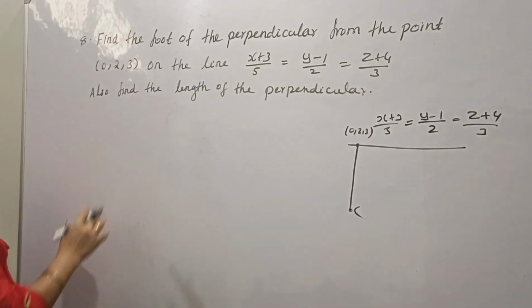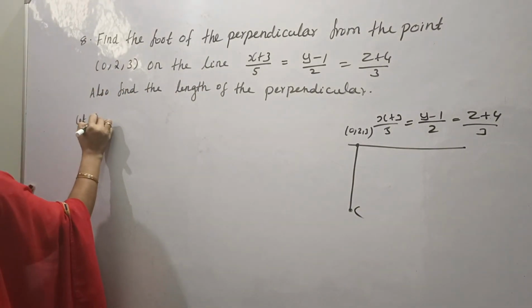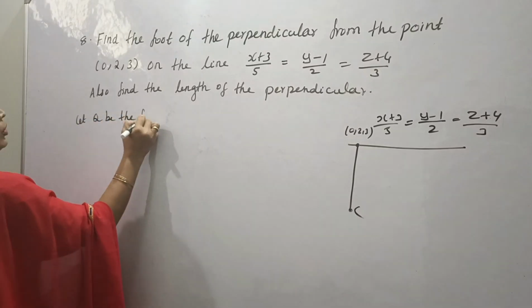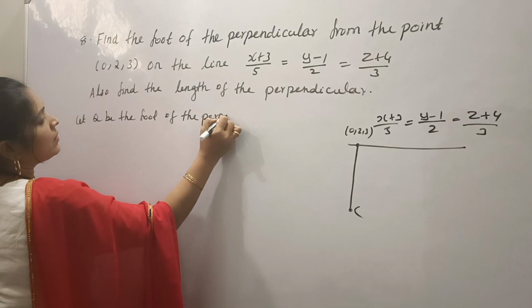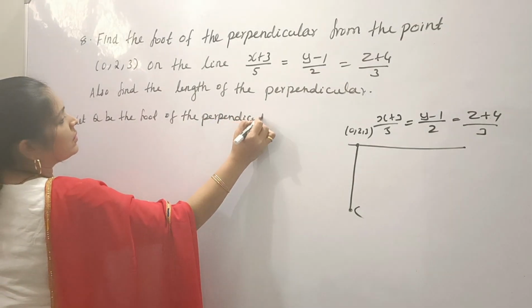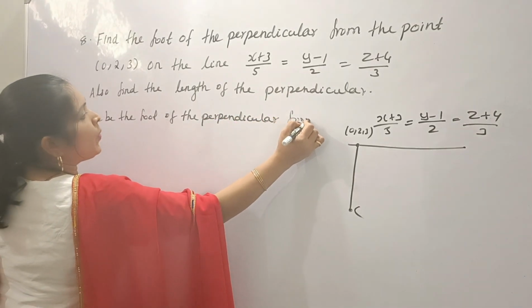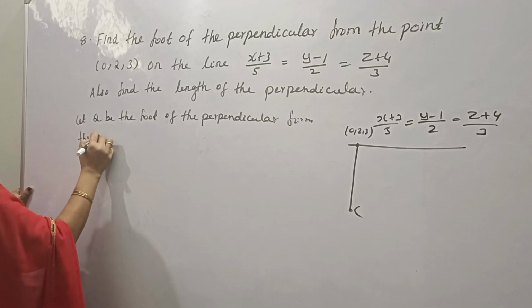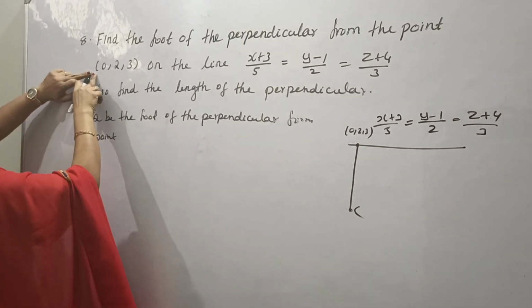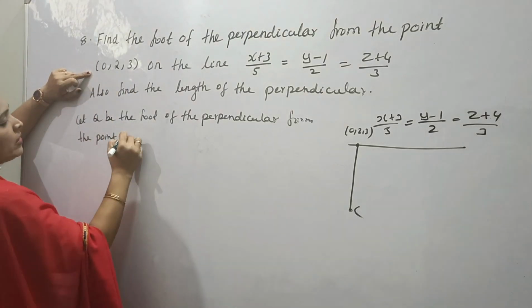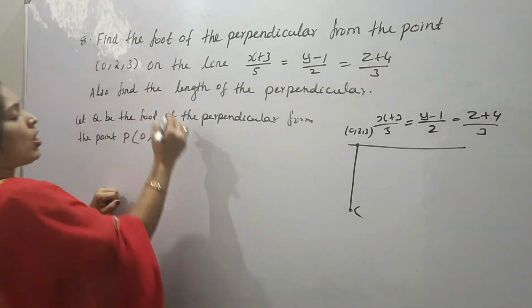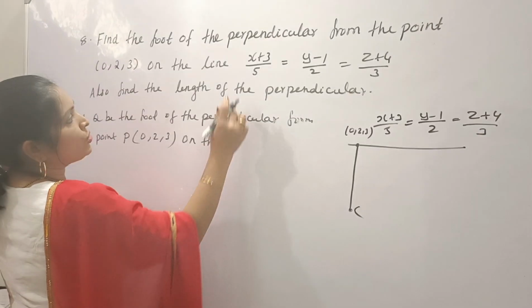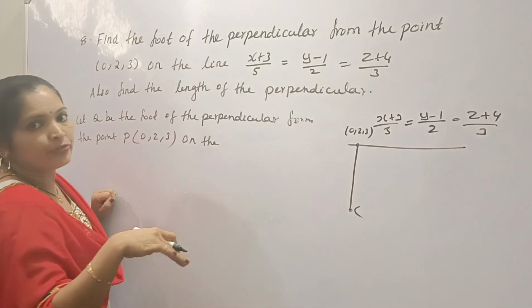Let Q be the foot of the perpendicular from the point, let's take this point to be P (0, 2, 3), on the line. You have to check whether this line is in standard form.